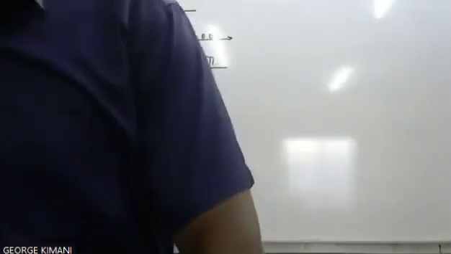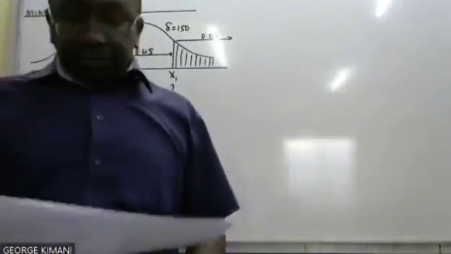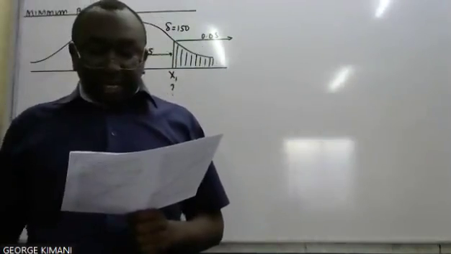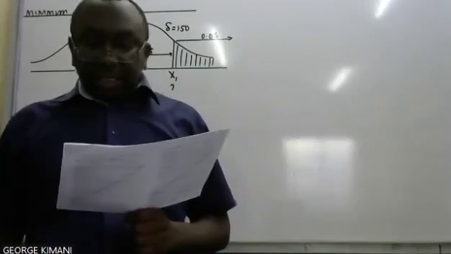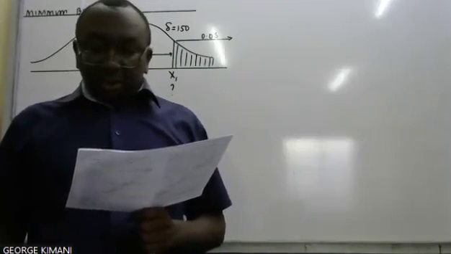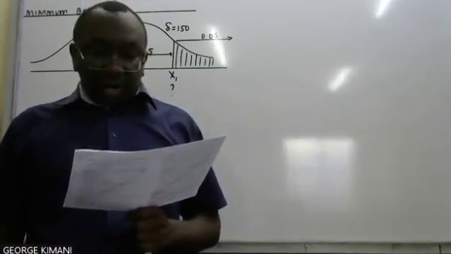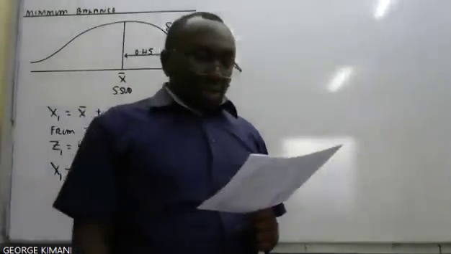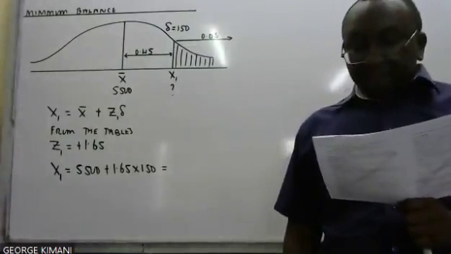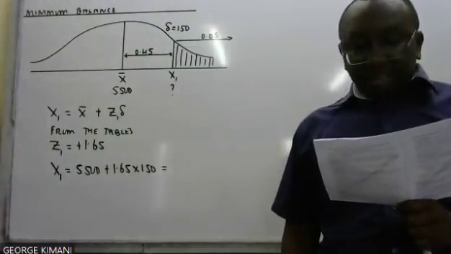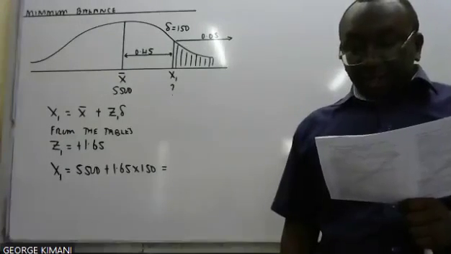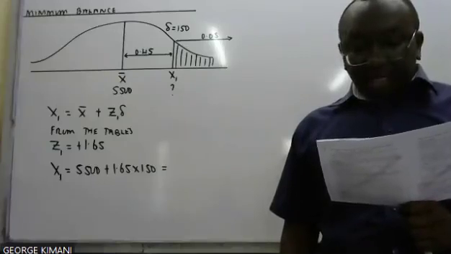Okay, so the next question says that Greer Tire Company has just developed a new steel-belted radial tire that will be sold through a national chain of discount stores. Because the tire is a new product, the company's management believes that the mileage guarantee offered with the tire will be an important factor in the consumer acceptance of the product.